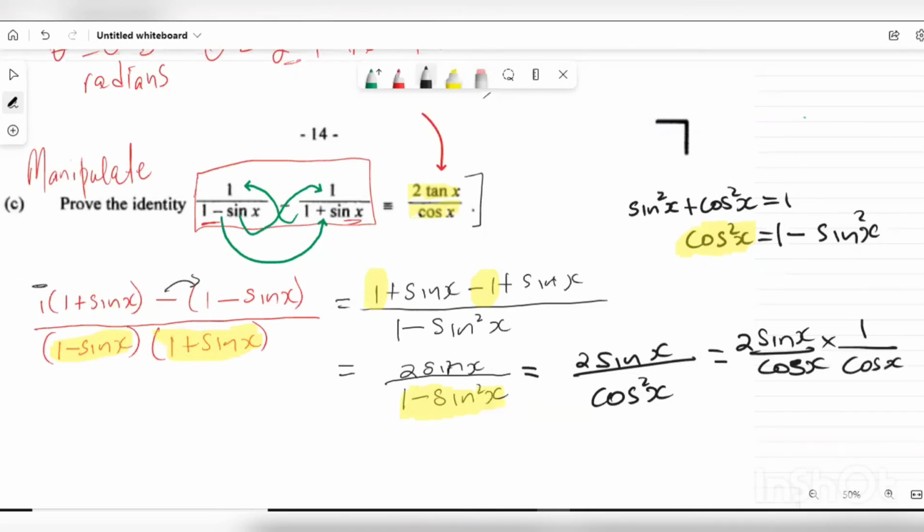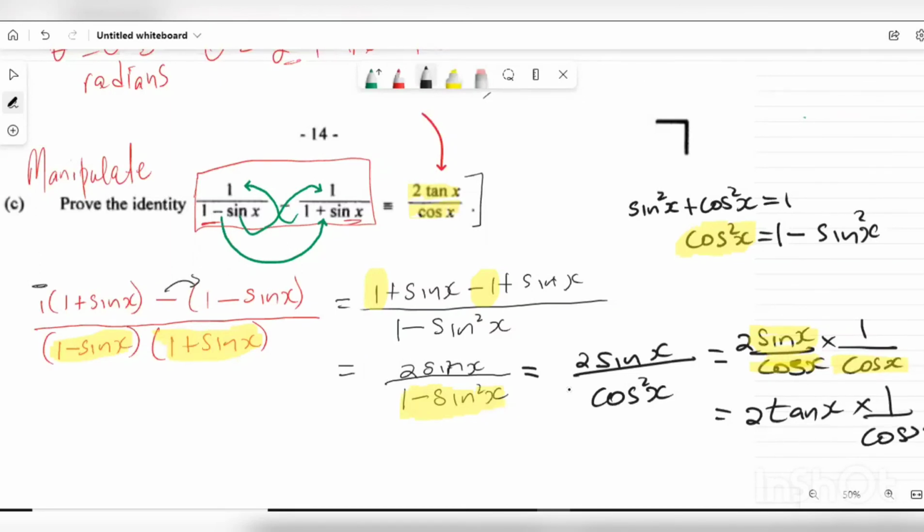I want you to see how I manipulated this, just because I know that this part is tangent. It is still under there, but I'm splitting it. So if you try to work it backwards in your mind, we didn't change anything, but we flip it so that we could get 2 tan x times 1 over cos x.